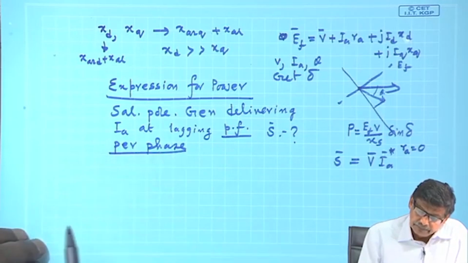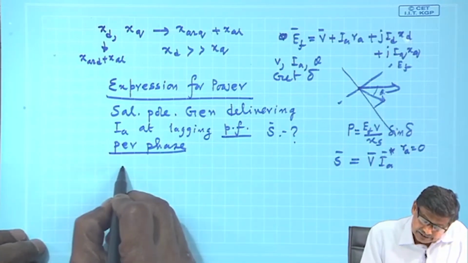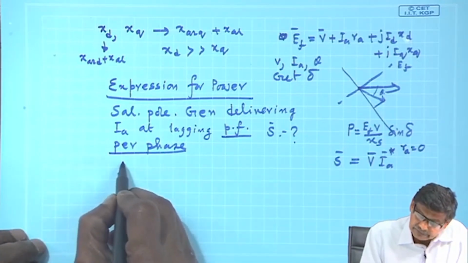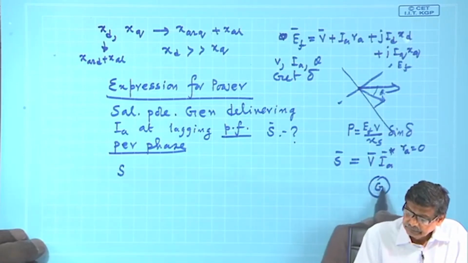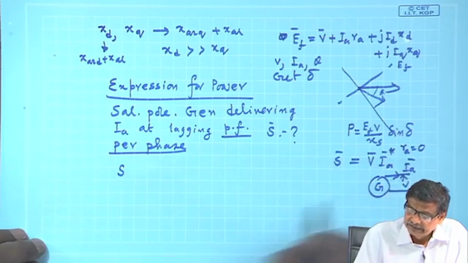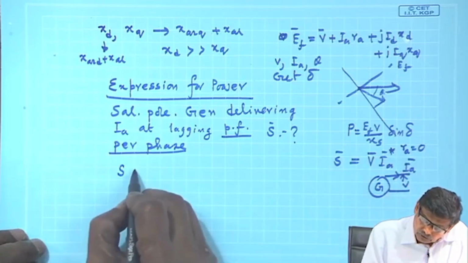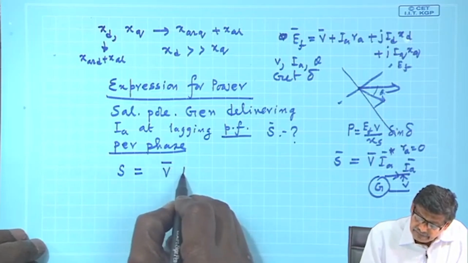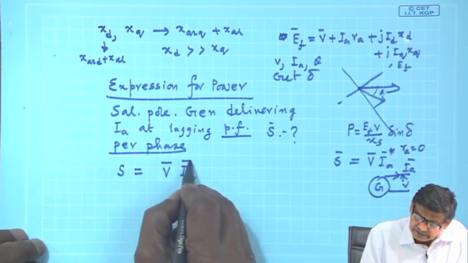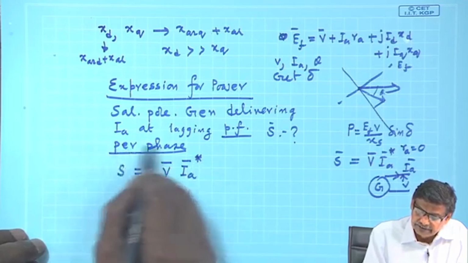Let us see. I will say that S, since it is a generator at a terminal per phase, it is delivering a current IA. So, S will be V IA star per phase.